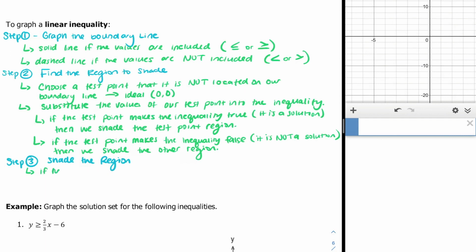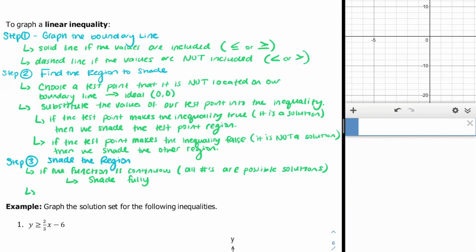So if the function is continuous, which means all numbers are possible solutions, that means we're going to shade fully.